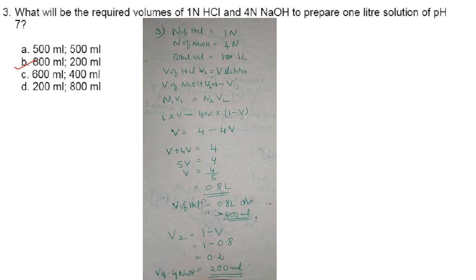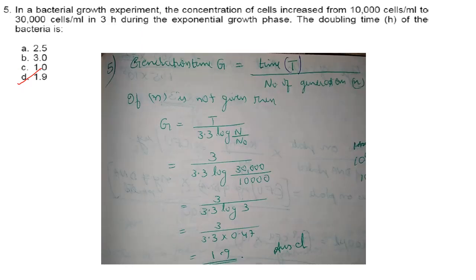Convert it into ml, that will be 800 ml. And then for the volume of NaOH, using V2 is equal to 1 minus V, that will be 200 ml. So the answer will be 800 ml HCl and 200 ml NaOH. Answer is option B.